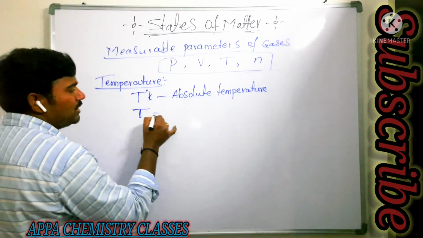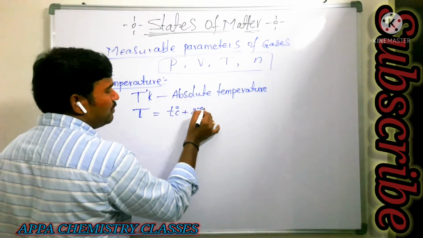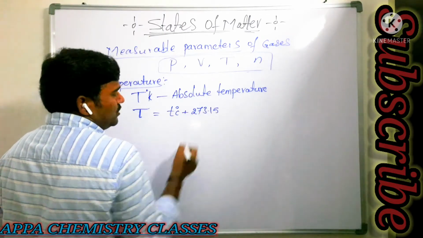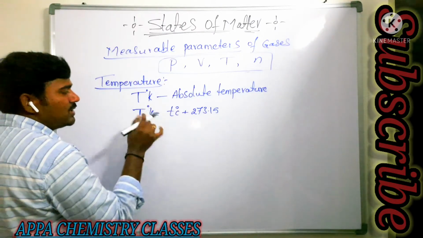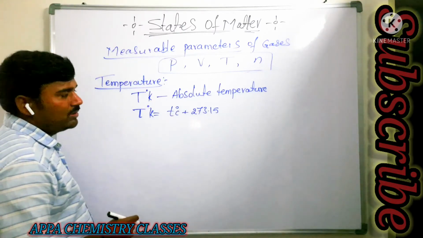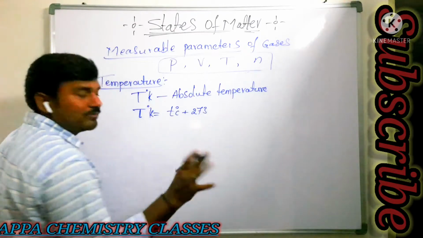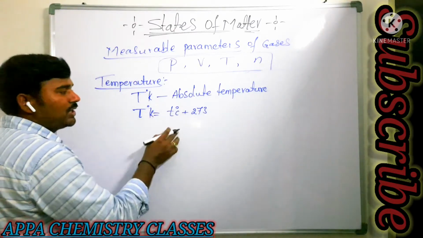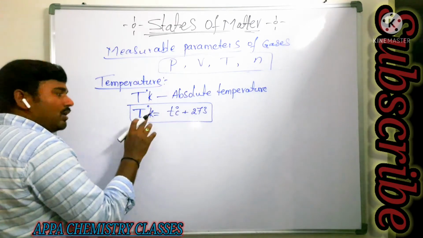T in degrees Kelvin is equal to degrees Celsius plus 273.15. Whatever the degree Celsius value we have, that value is added to 273.15. Generally we take it as only 273. When it is added, we get degrees Kelvin. That is the conversion of degrees Celsius to degrees Kelvin.